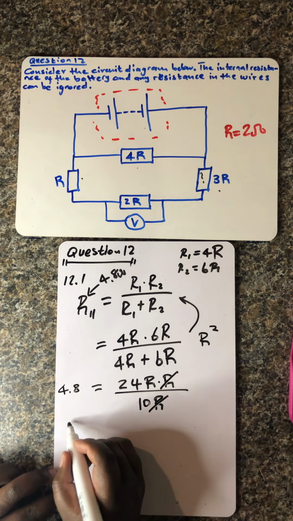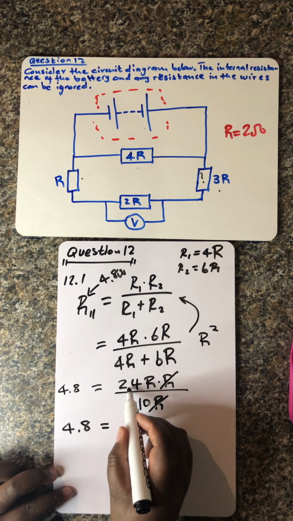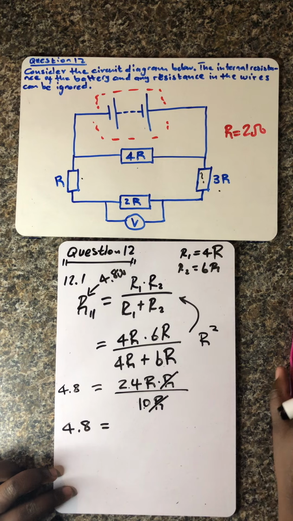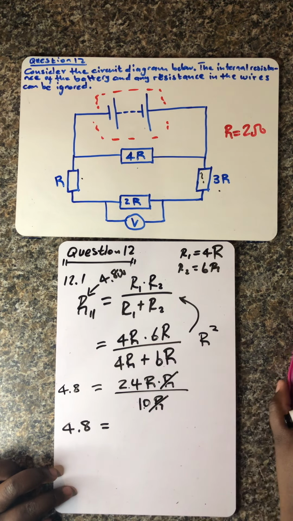So that means you've got 4.8 equals, what is 24 divided by 10? Let's see. Yes, it's 2.4.